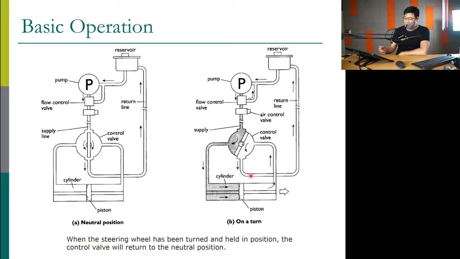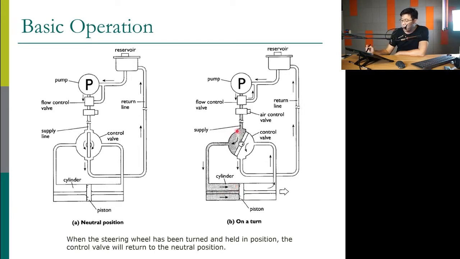Now, because this pump uses power from the engine, when the control valve opens like this, the pressure will be blocked. The pressure will be sent to the steering wheels, the rack and pinion, the steering gear, and the car wheels.